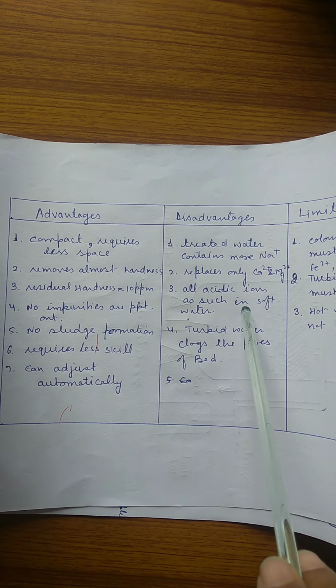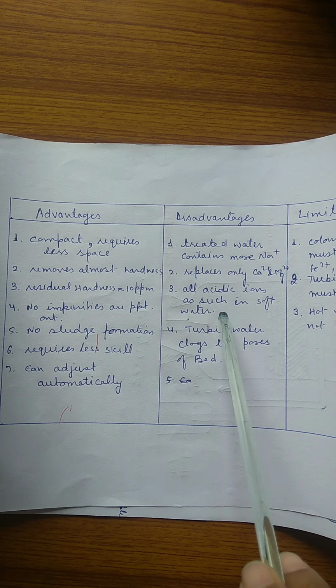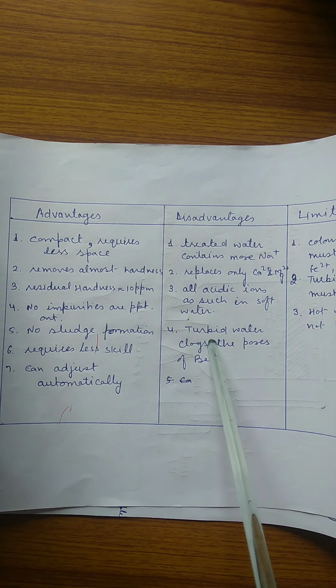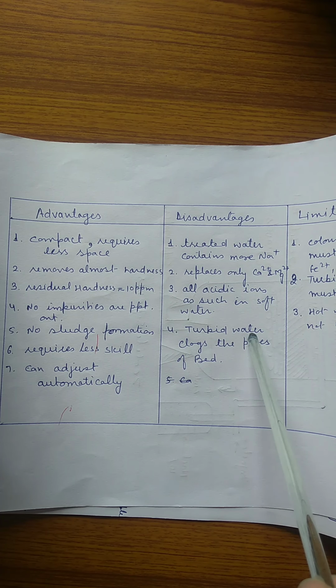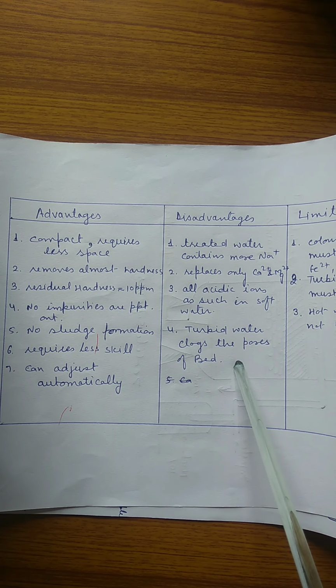All acidic ions are present in the soft water, so it doesn't play a role in removing acidic ions. If the water is turbid, the turbidity clogs the pores, so its softening capacity is affected.